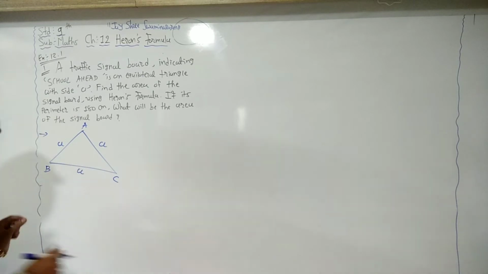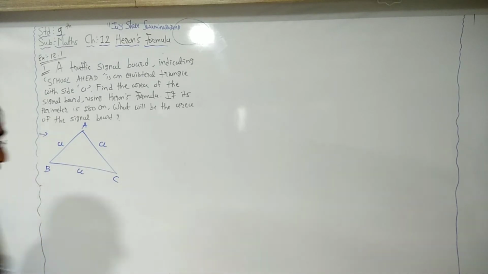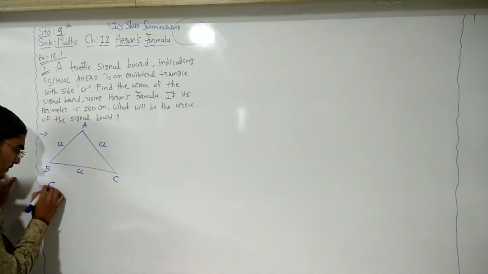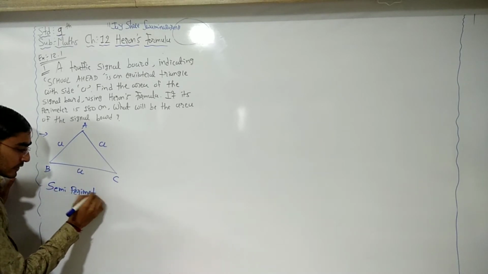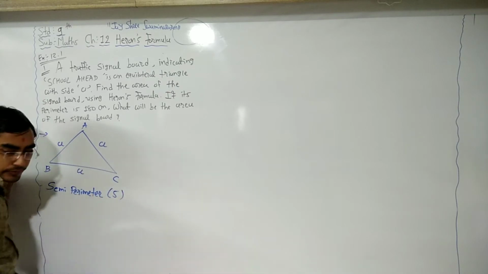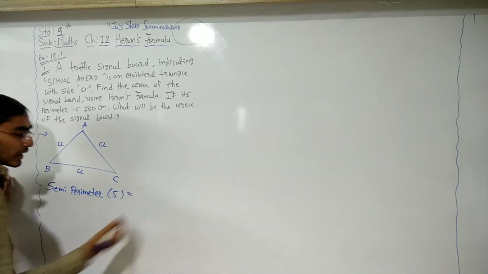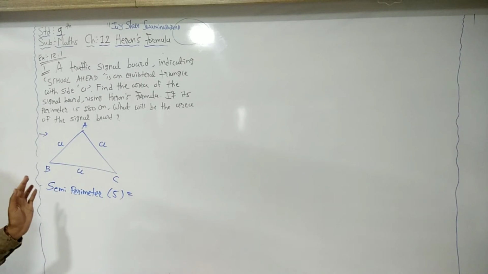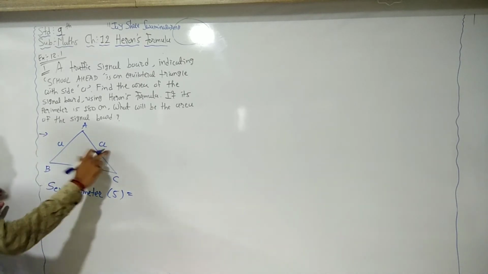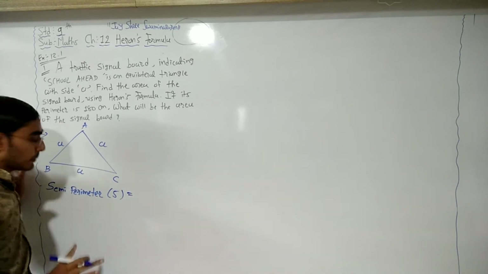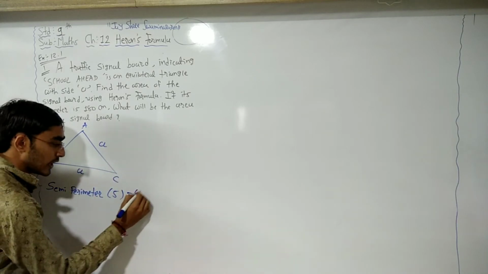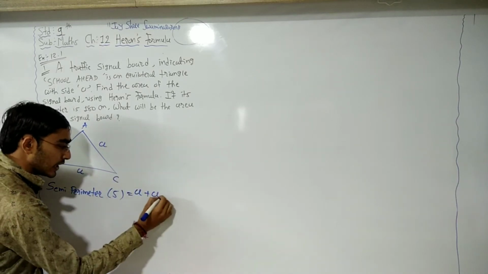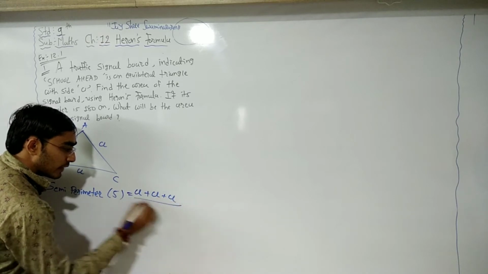Our first requirement is the semi-perimeter S. What is the formula? Perimeter divided by 2. Perimeter means the addition of all three sides, that means a plus a plus a divided by 2.